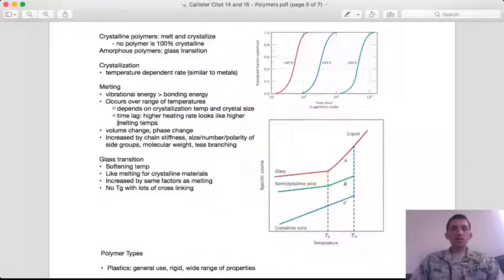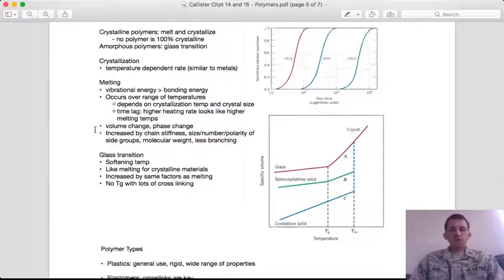And because polymers generally are a low thermal conductivity material, that takes some time. So it may look like you have reached a higher melting temperature, but that could be, and oftentimes is, because the temperature of your furnace that you're measuring is higher doesn't necessarily mean the temperature of the interior where it's melting is any different, but it can appear that way.